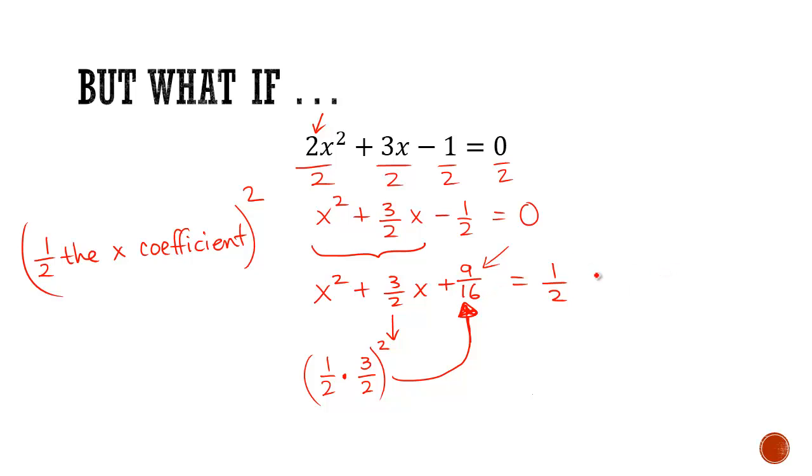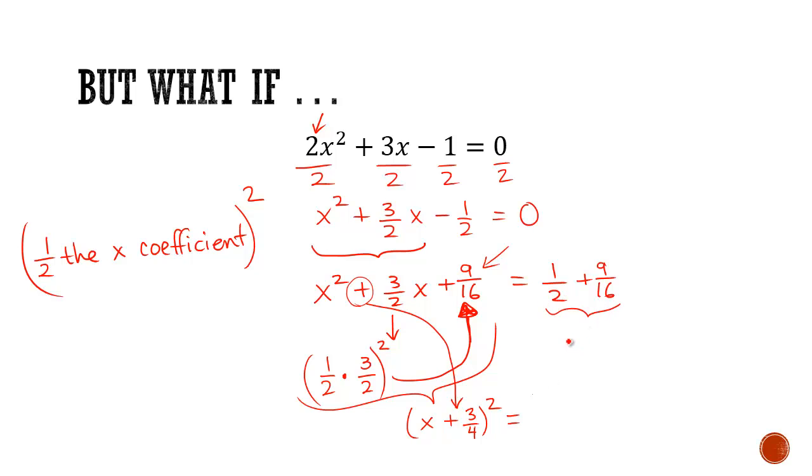Now, because I did that to this side, I also have to do it to this side. But this now boils down to a nice package of x plus, and remember this sign determines this sign, 3/4. Now we want to add these fractions together. We need a common denominator of 16, so multiply this one by 8. You have 8/16 plus 9/16 is 17/16.